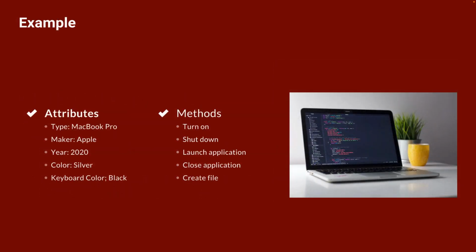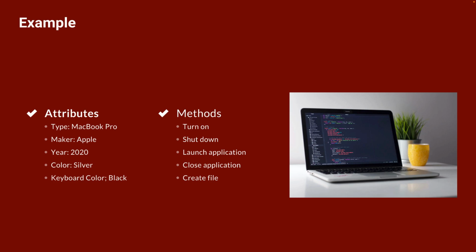What I've chosen here is my computer, my MacBook Pro computer. And on the left, I have a sample list of attributes, and on the right, I have a sample list of methods. So again, attributes are details, characteristics that I can describe about the object. So for example, my computer has a type of MacBook Pro, a maker of Apple, a year of 2020, a color of silver, and a keyboard color of black.